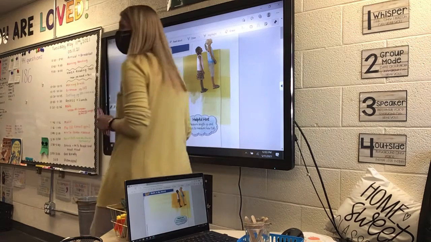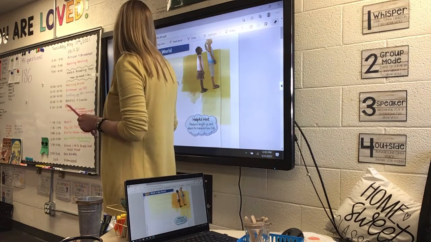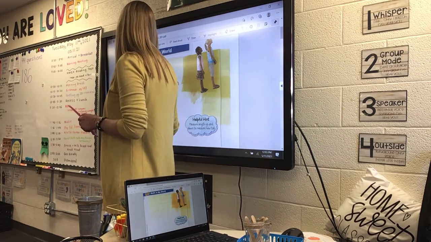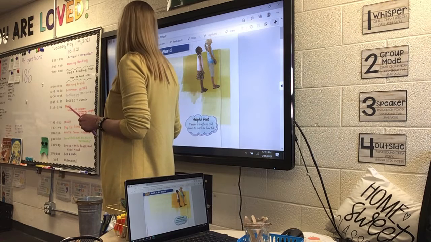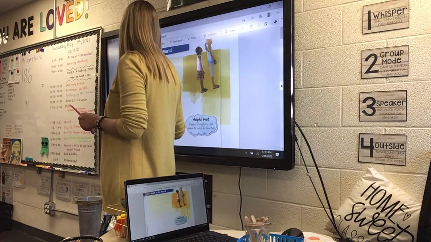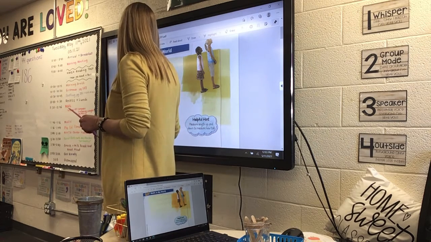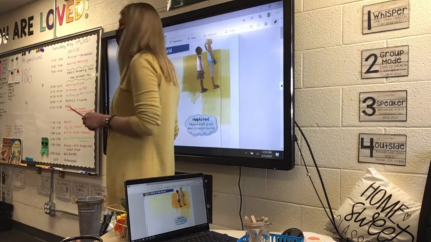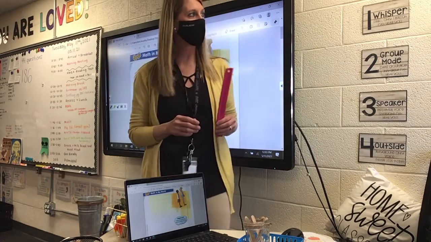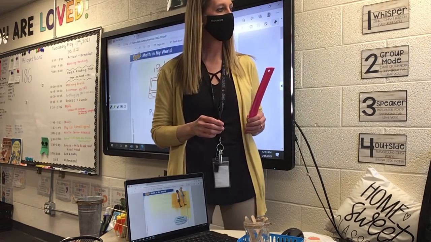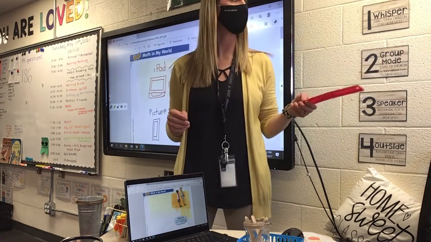Okay, so we're going to put a picture frame because your moms and dads maybe have pictures at home. I'm going to put down here picture, and I want you to write that. And I think we're going to draw a rectangle again for my picture frame, but this way mine's going to be taller. Okay, Ellie, you want to go measure it? Can you reach? You can go around the side.